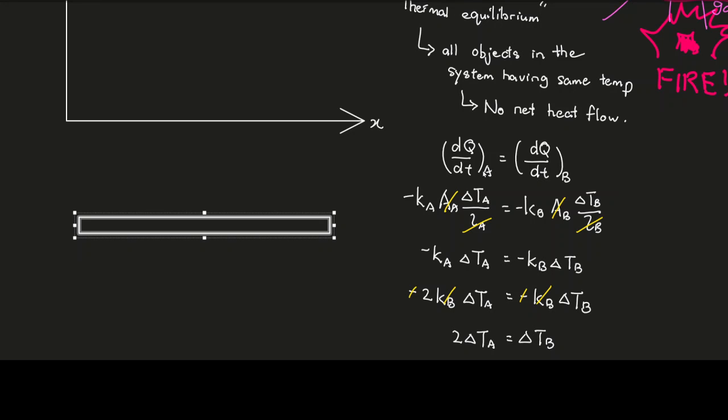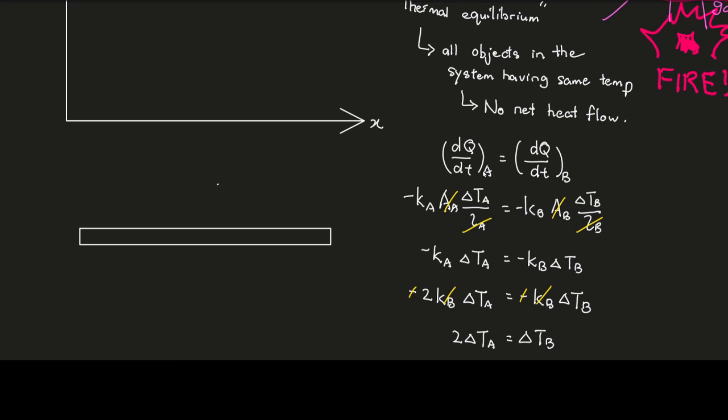Okay, then we have our center, and you have rod A and rod B. So what does this mean is, if you take this as TA, and you take this as T joint, then you take this as TB, then this difference here is smaller, whereas this difference here is twice the amount of difference. Okay, so the difference between TB and TJ is twice compared to the difference between TJ and TA.